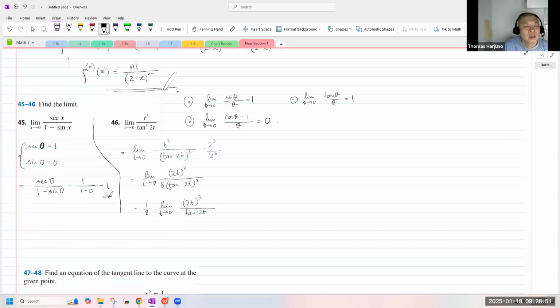Since if t goes to 0, then consequently 2t also goes to 0. Let's call this u. So this is 1/8 limit u goes to 0 of u cubed over tangent cubed u, which is 1/8 times 1 cubed, which is 1/8.